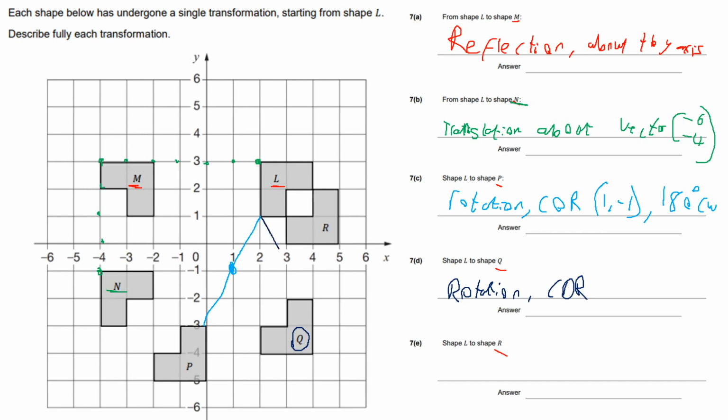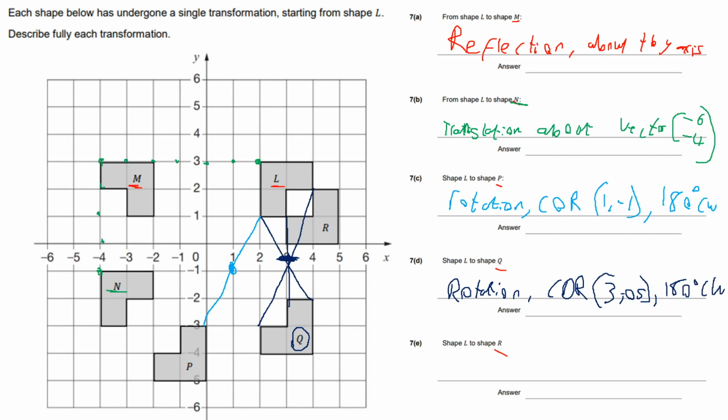Let's connect the points. So that one is there. There. No, wait. Yeah, okay, that's fine. So it's right here in the middle. It looks to be a rotation at 3, -0.5. And once again, it's 180 degrees clockwise.